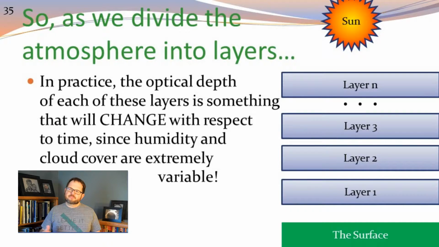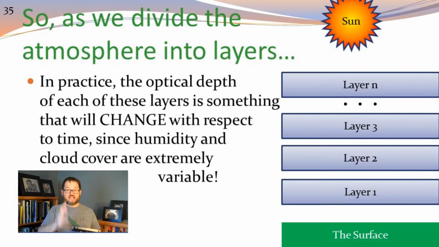And then in practice, we're treating this like this isn't something that changes, but in practice, the number densities of these greenhouse gases change from moment to moment. I mean, water vapor, for example, is a greenhouse gas. Well, clearly, sometimes the air is more humid and sometimes the air is less humid. And for that matter, an important contributor to the greenhouse effect is clouds.